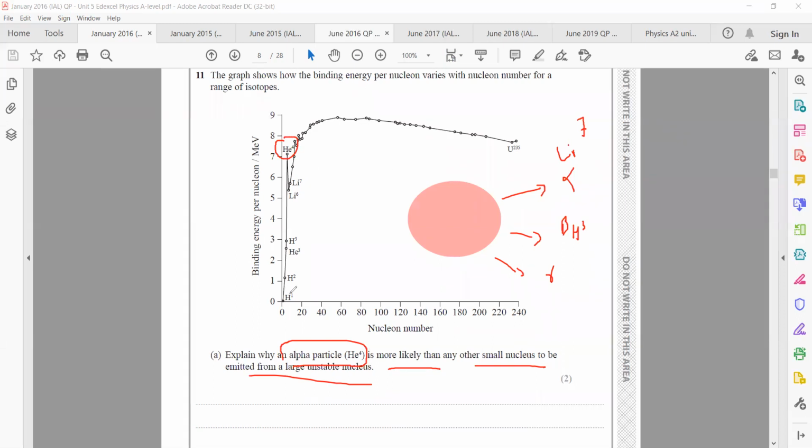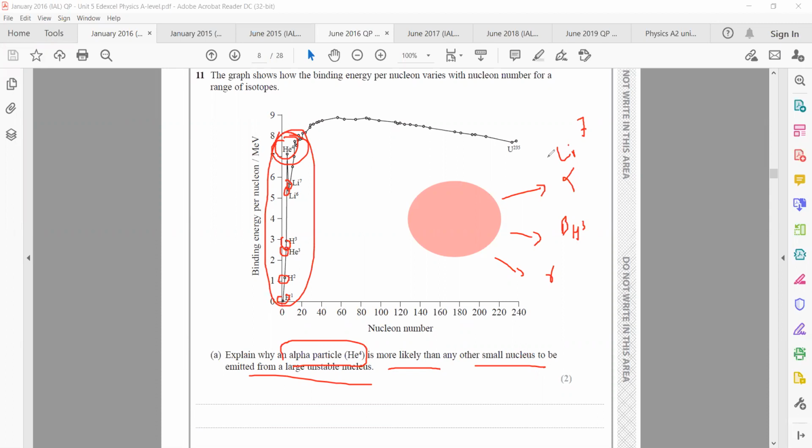Because when you check the other lighter atoms, they have low binding energy. So their binding energy per nucleon is low, and their nucleons are not tightly bound in the nucleus. Compared to that, helium or the alpha particle, which is 4, has higher binding energy in this lower section.